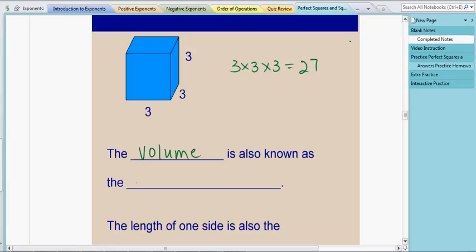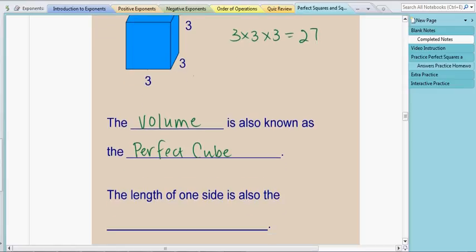Well, that is also known as the perfect cube. Just like we have a perfect square. Again, this is for when we have a number that a whole number multiplied 3 times can equal. So a whole number multiplied 3 times can equal 27. Therefore, 27 is a perfect cube.